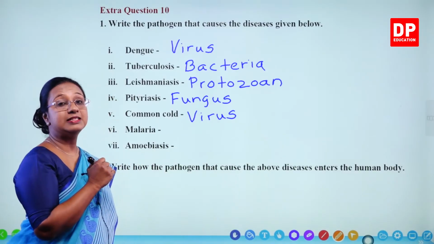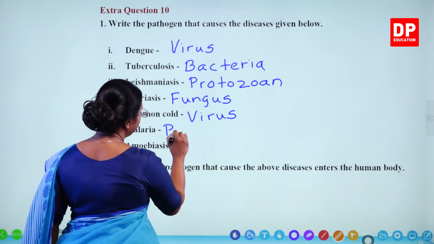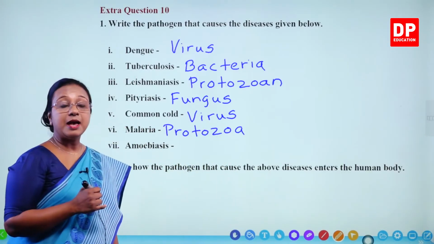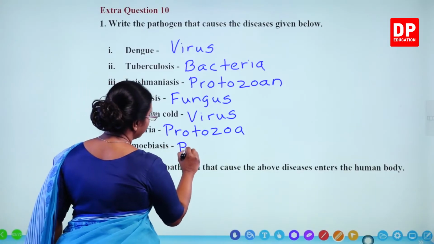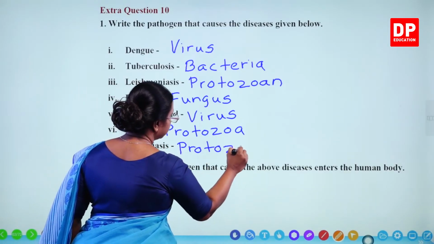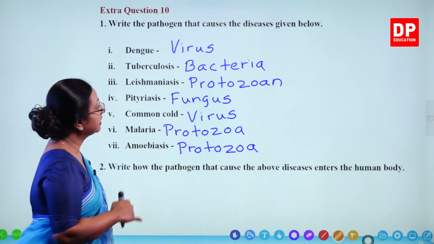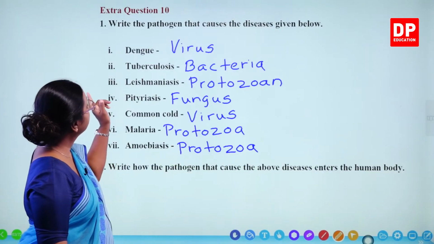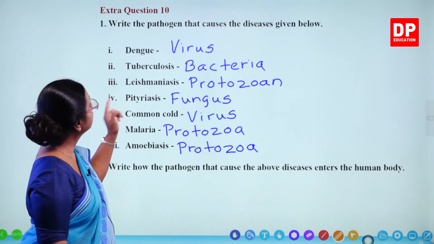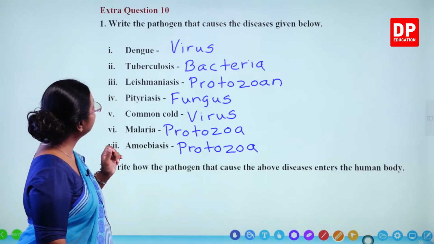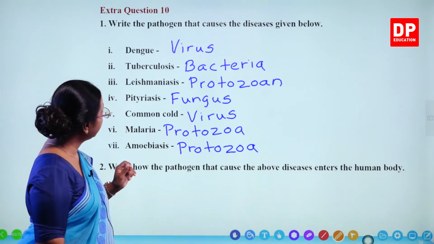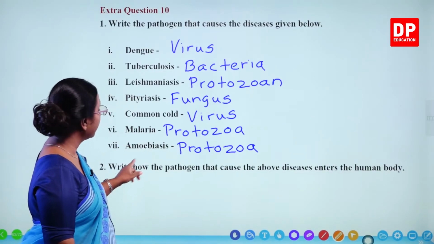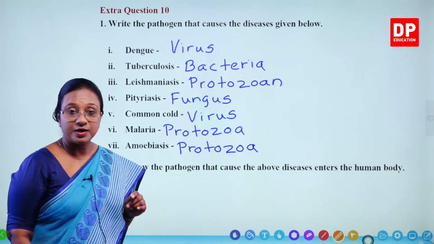Malaria again, it's a protozoan or protozoa. You can remember. Then amoebiasis, that is also protozoa. So these are the diseases and the pathogens that cause the diseases. Dengue virus, tuberculosis bacteria, leishmaniasis protozoa, pityriasis fungus, common cold virus, malaria protozoa, and amoebiasis protozoa.